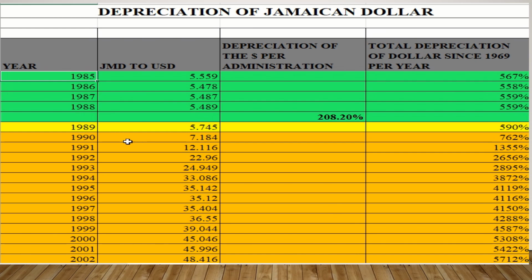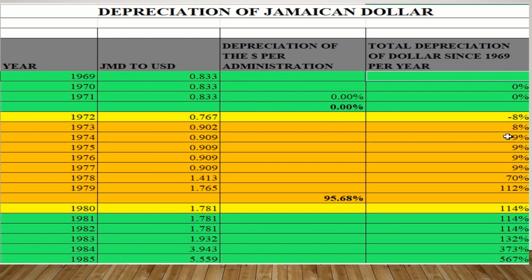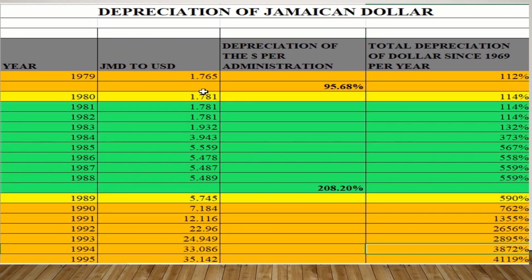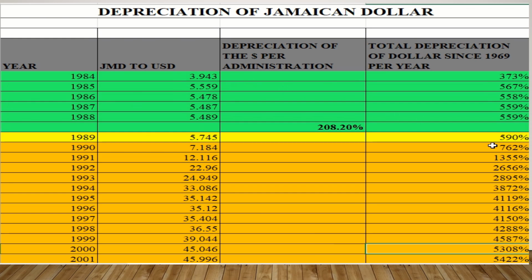The value of the Jamaican dollar in 1990 was 7.184, which was already a depreciation of 762% from when it was launched in 1969 at 0.833. So already they got it 762% less than what it was valued at to begin with.